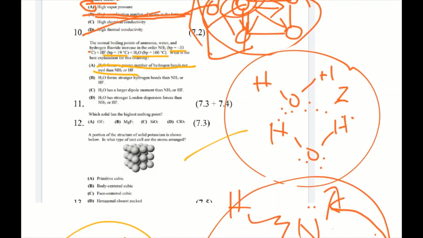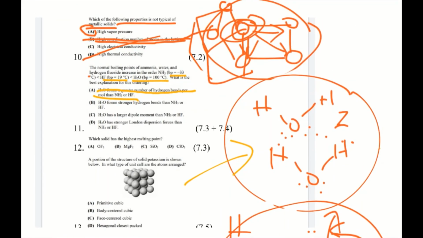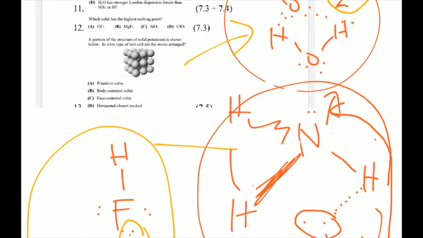Well, of course, water. And because of this, A seems to be the correct answer, since, as we just observed, H2O can form a greater number of hydrogen bonds per mole of water than NH3 or HF.